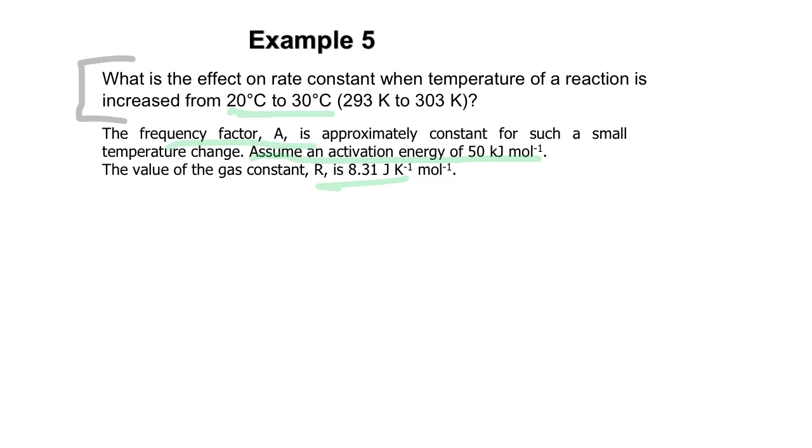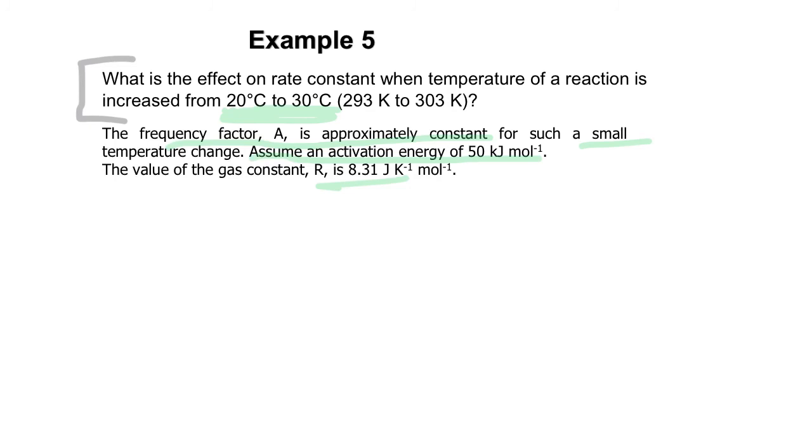The frequency factor A is approximately constant for a small change. So what the question is asking you is how the rate of the reaction changes when you increase the temperature by 10 degrees. Okay, it's best to compare the rate constant for the two different temperatures.